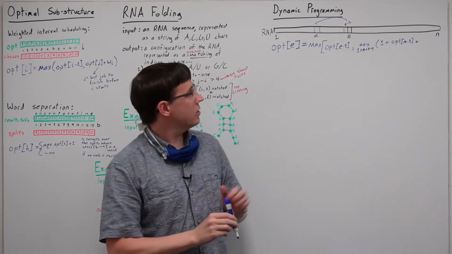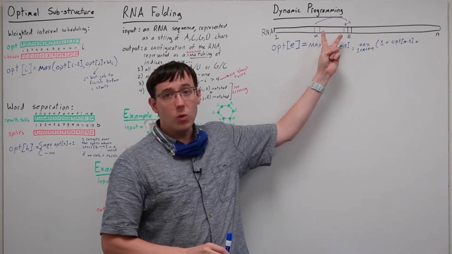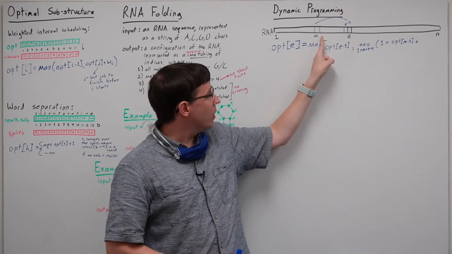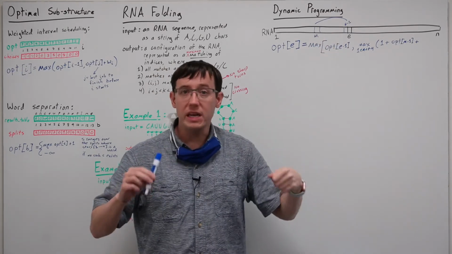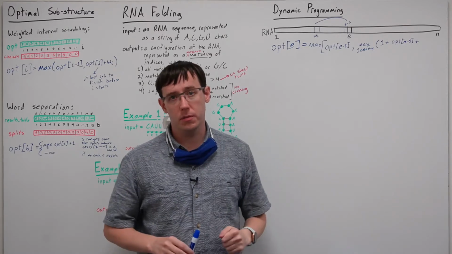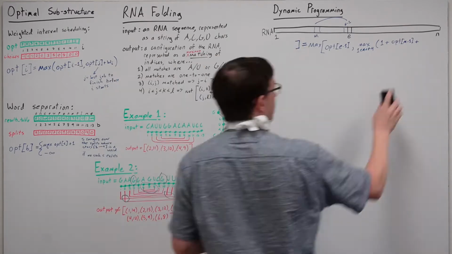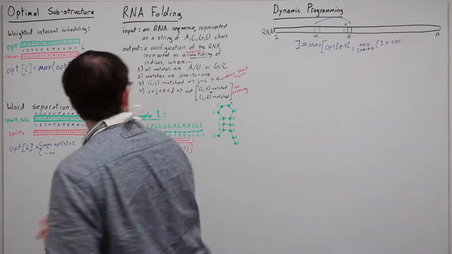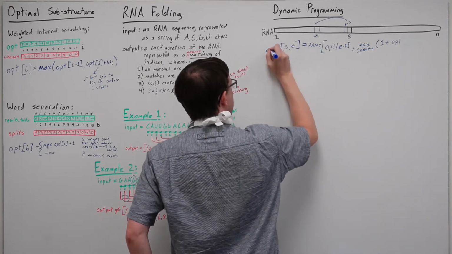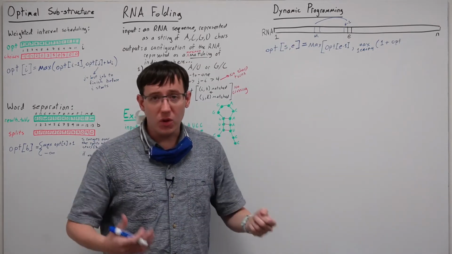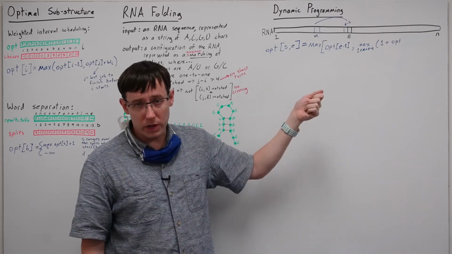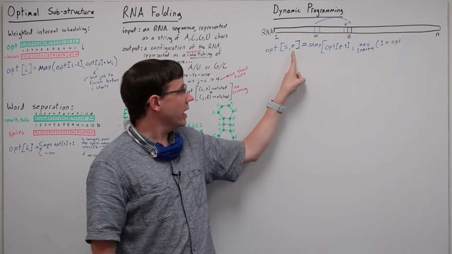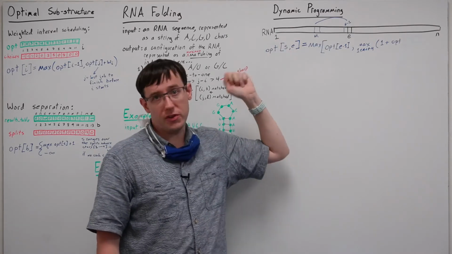But now we have subproblems where we need to represent them by both their start and their end index, which means we need a two-dimensional table. So now our table of subproblem optimal solutions will have two indices for the start and end of the subproblem.